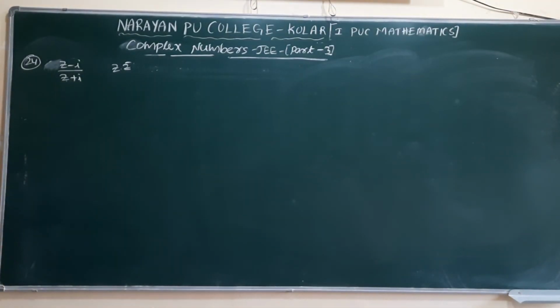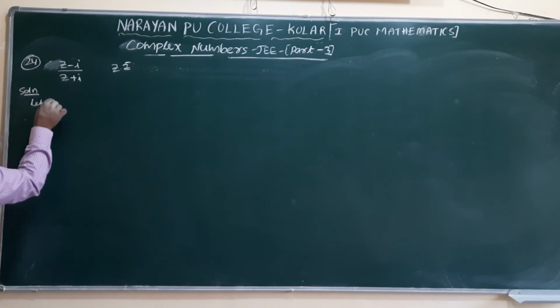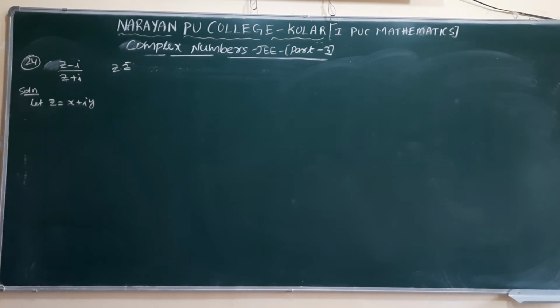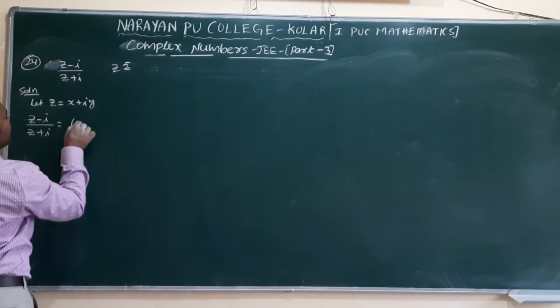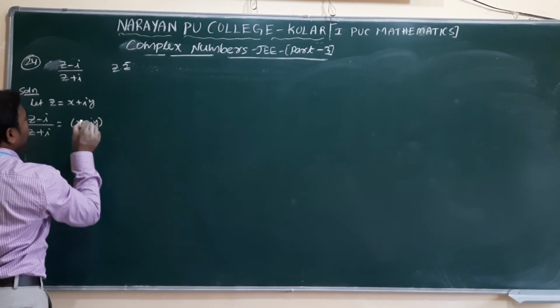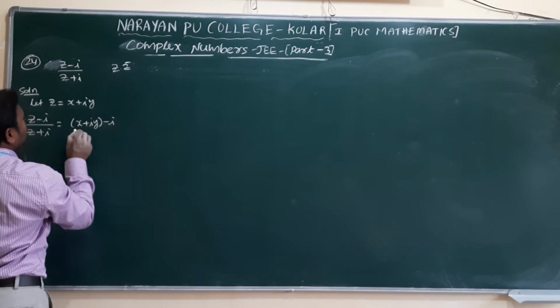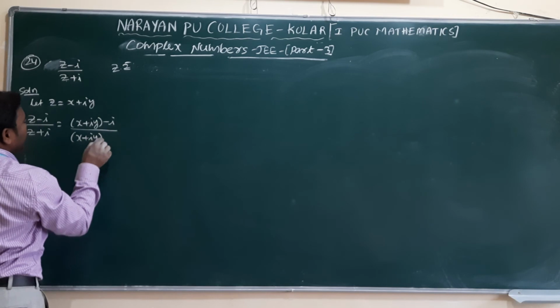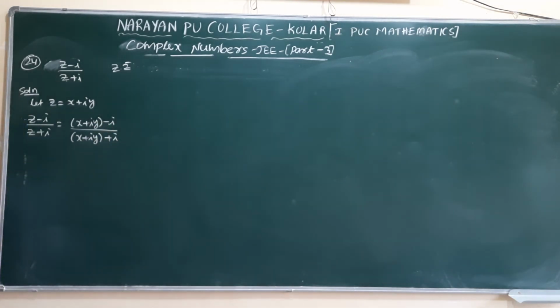Here in the solution, we have taken z is equal to x plus iy. So (z minus i) divided by (z plus i) is equal to (x plus iy minus i) divided by (x plus iy plus i).